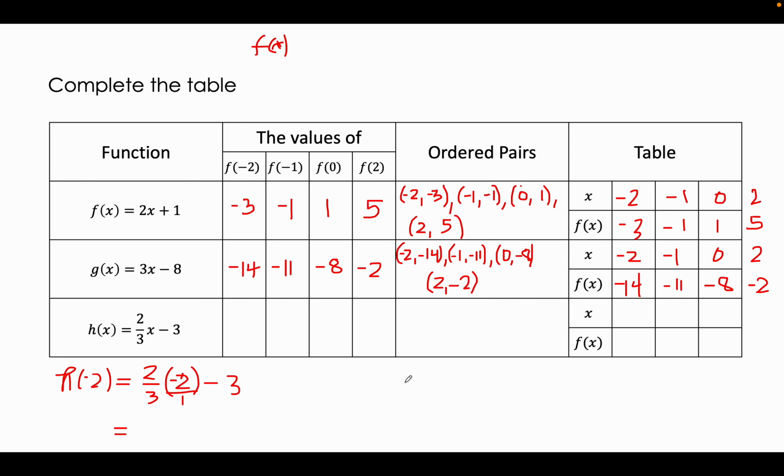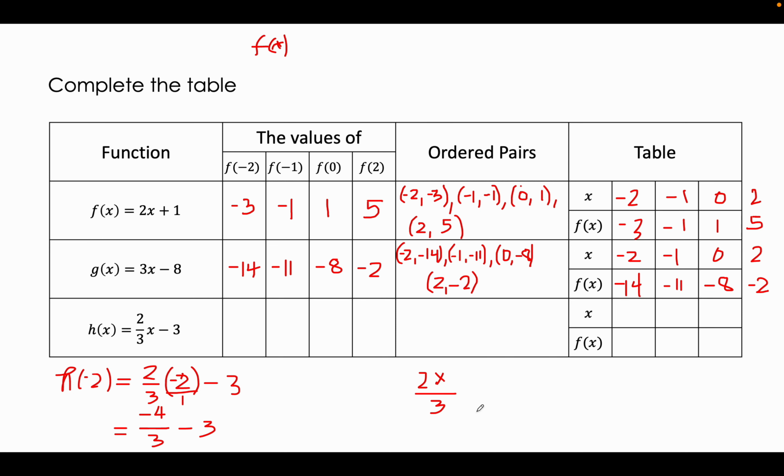Another way of writing this is 2x over 3. So we multiply x by 2. In this case, x is negative 2, so 2 times negative 2 is negative 4 over 3, minus 3.